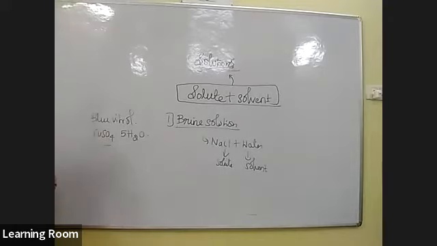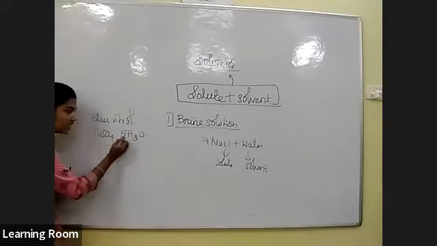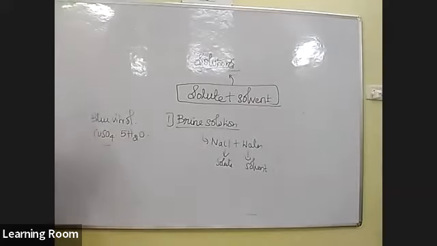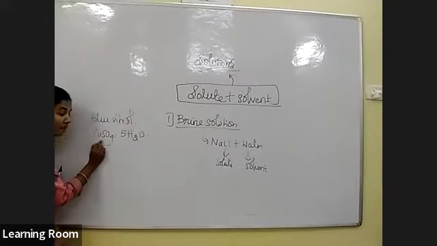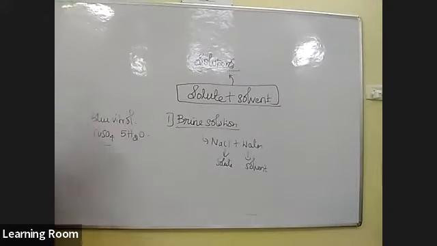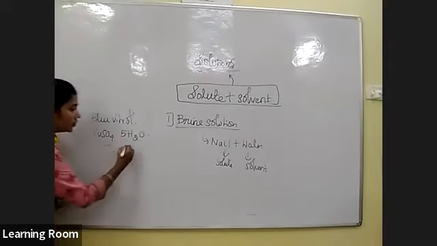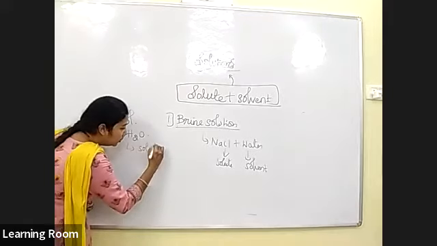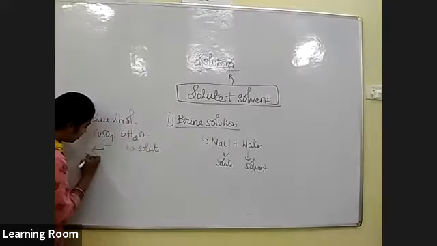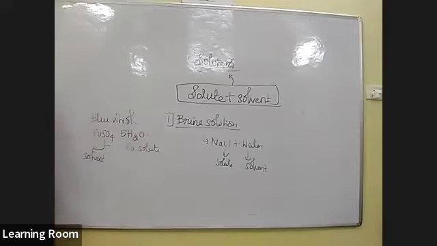So this is a solid salt, which means water is present in less quantity and copper sulfate in more quantity. So the one present in less quantity is the solute. Here water is the solute and copper sulfate is the solvent. Correct?